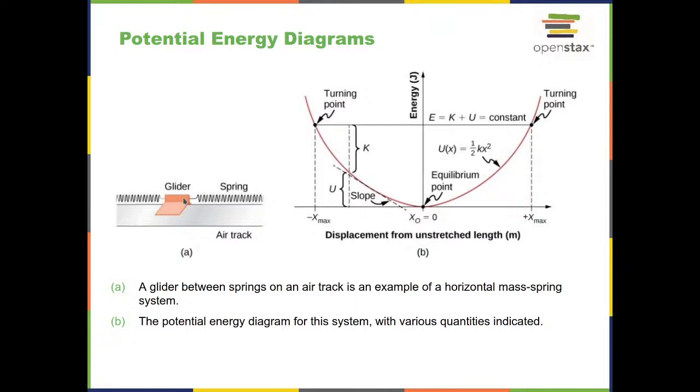So in this case, where this tangential line is indicated, the derivative is negative, so the force, which is actually minus the derivative of the potential energy, will be a force that goes in the positive direction. At this point, the equilibrium point, the derivative of the potential energy with respect to x is 0, so the force will be 0. So this is our equilibrium point.